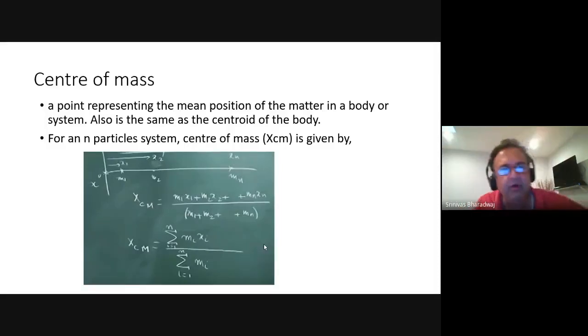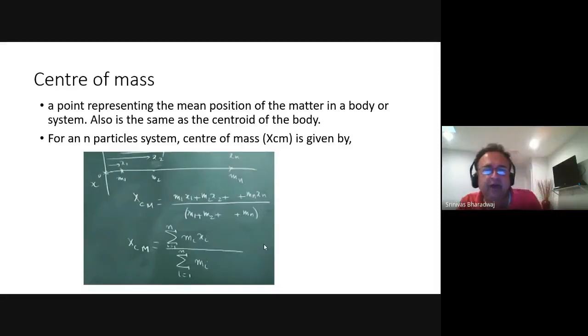We are making an important assumption, that that is actually called the center of gravity. Center of gravity and the center of mass are mostly the same. They can only change if the gravity is not uniform. In most cases they are the same.